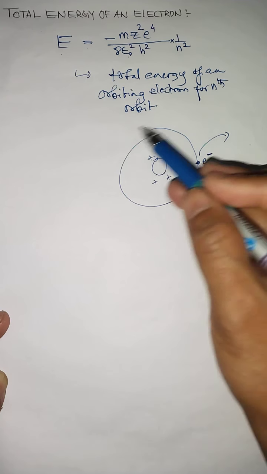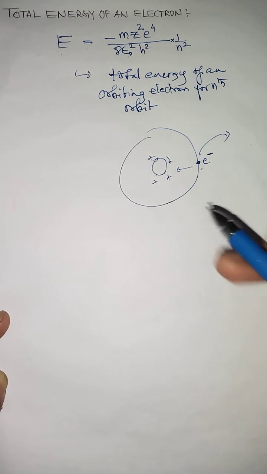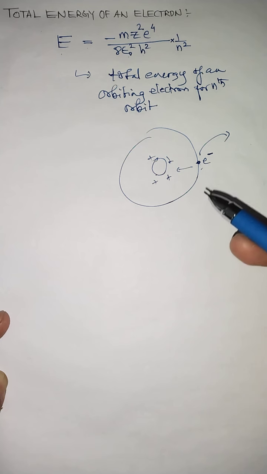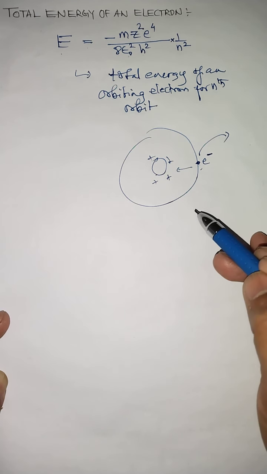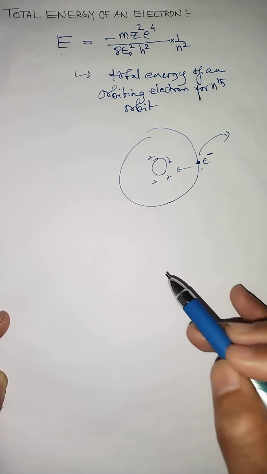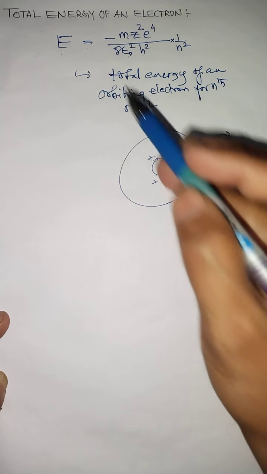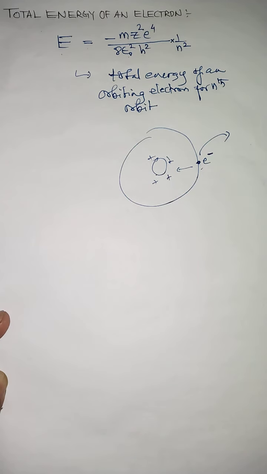So you need to supply maximum energy to the electron to eject it from its orbit. That's why this minus sign indicates that the total energy of the electron is always negative.